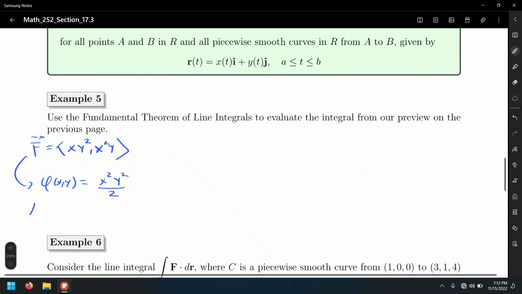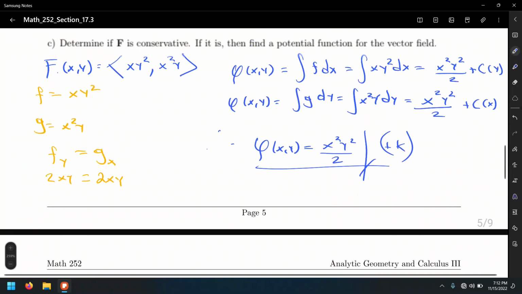In this case, the point A was the point 0, 0, and the point B is the point 1, 1. Well, what is this fundamental theorem of line integrals? Let me go back to the previous example for a couple seconds.